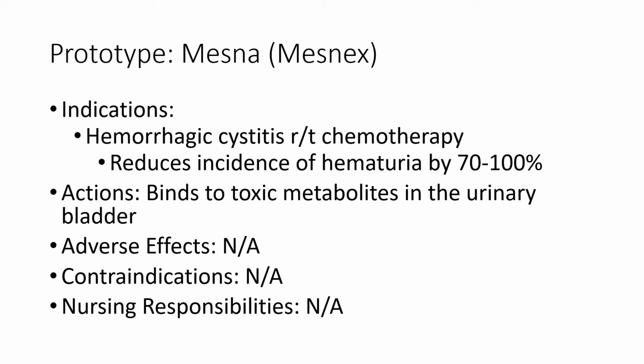So in a way, it's a treatment that's given to prevent the side effect of the cyclophosphamide, right? To prevent the hemorrhagic cystitis from cyclophosphamide, which is a significant side effect to cyclophosphamide. So that's why this medication is available.